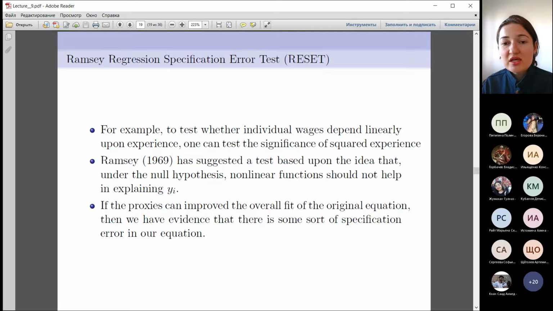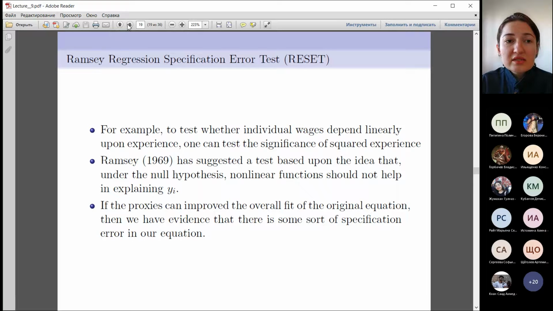Or it's better to say, should we add some squared or other polynomials to your original model, your true population model? And if the proxies can improve the overall fit of the original equation, then you have some evidence that there is some sort of specification error in your equation.